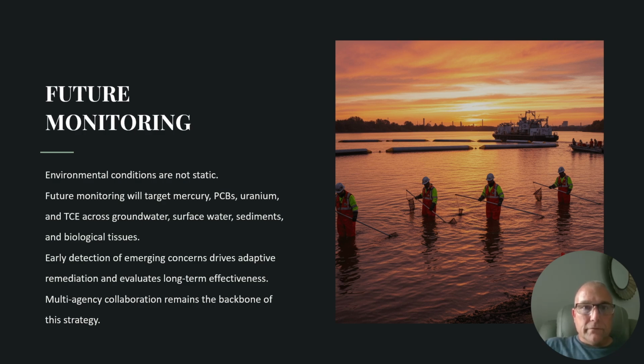Future monitoring strategies. Monitoring is essential because environmental conditions change over time. Future monitoring efforts should focus on contaminants of concern, including mercury, PCBs, uranium, and TCE. Monitoring programs should evaluate groundwater quality, surface water conditions, sediment contamination, fish tissue concentrations, and ecological recovery indicators.